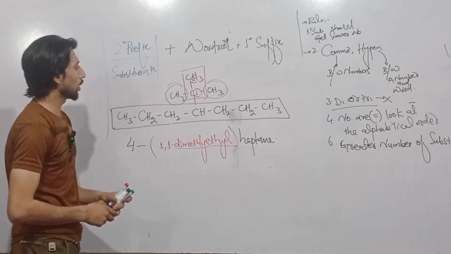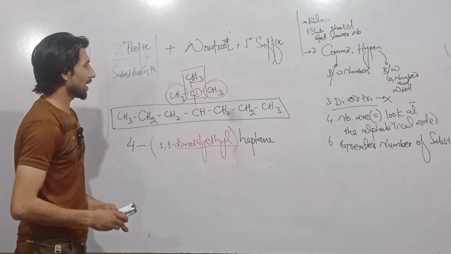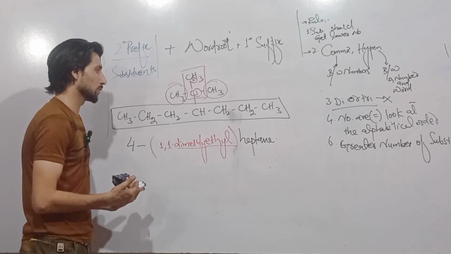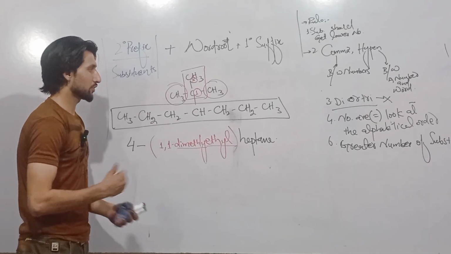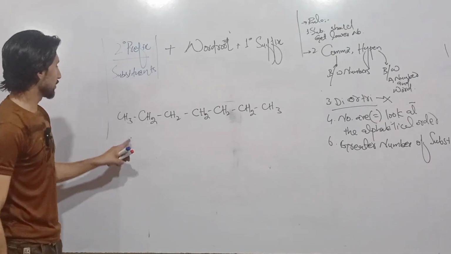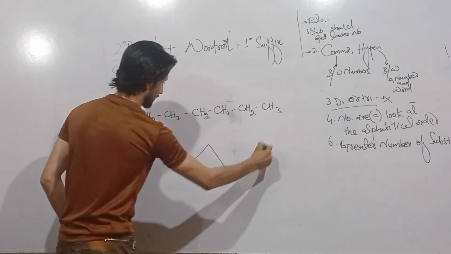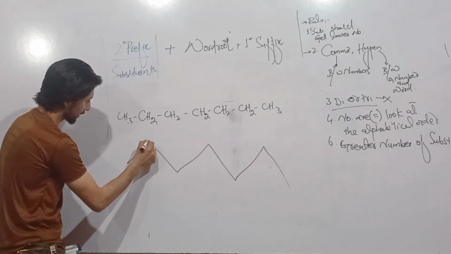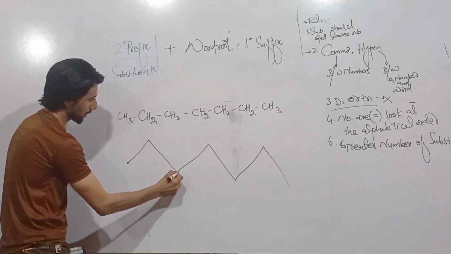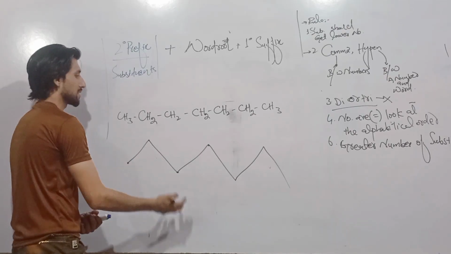Now we will go toward the cyclic compounds, but before that, I must tell you how to draw the bond line notation for carbon chains. Let me draw the bond line notation for this compound. It will become like this. Each end, like this crest and this trough, represents a carbon.